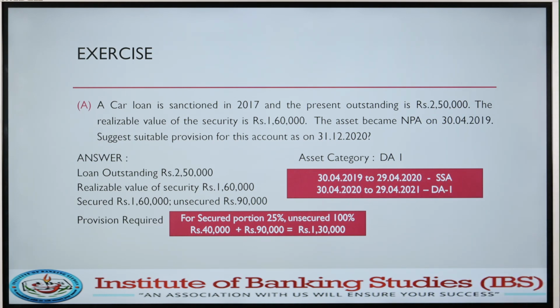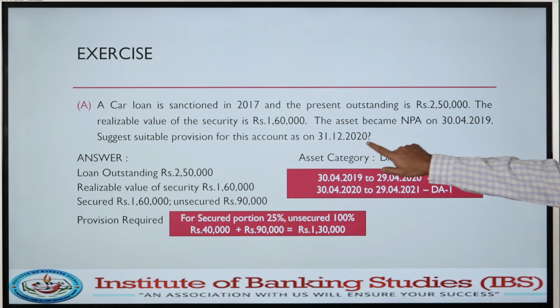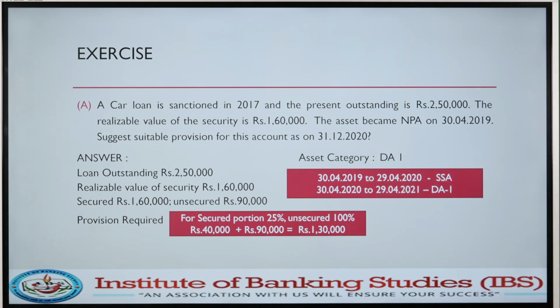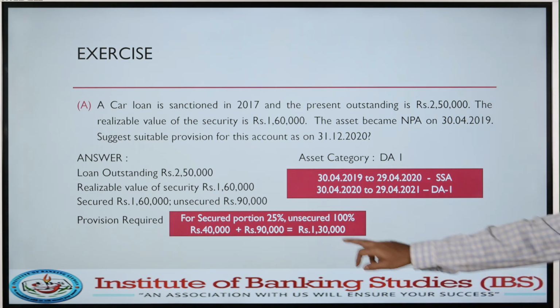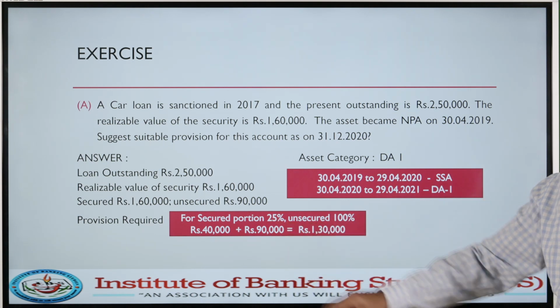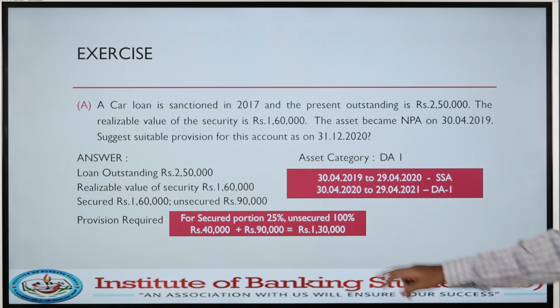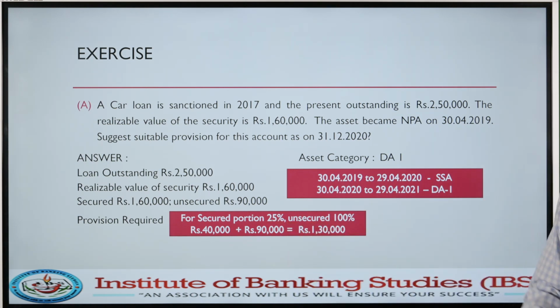From 30th of April 2020 to 29th of April 2021, the asset has moved to DA1 category. So as on 31/12/2020, the asset is coming under this category, and for DA1 category, the provision requirement is 25% for the secured portion and 100% for the unsecured portion.